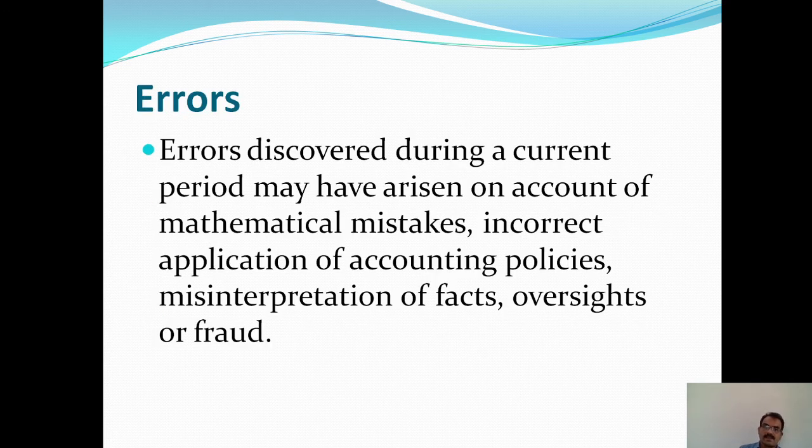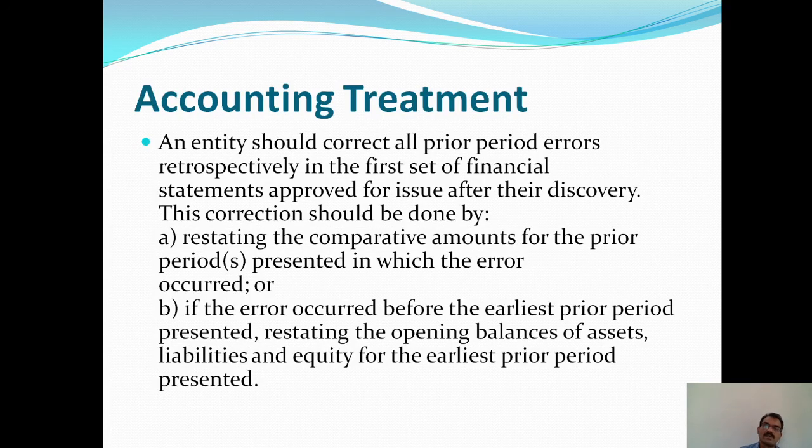Errors. Errors discovered during a current period may have arisen on account of mathematical mistakes, incorrect application of accounting policies, misinterpretation of facts, oversights, or frauds. Accounting treatment of errors. An entity should correct all prior period errors retrospectively in the first set of financial statements approved for issue after their discovery.